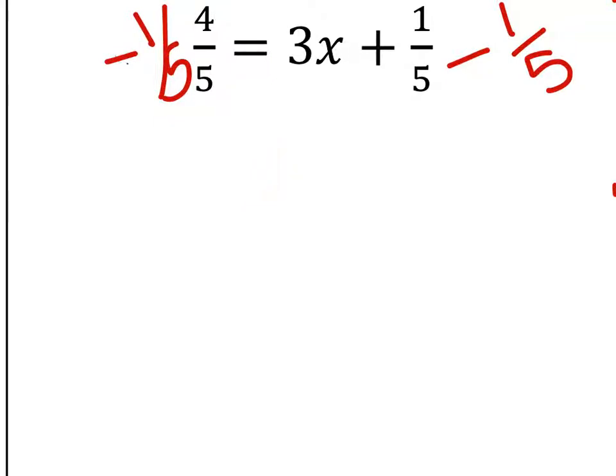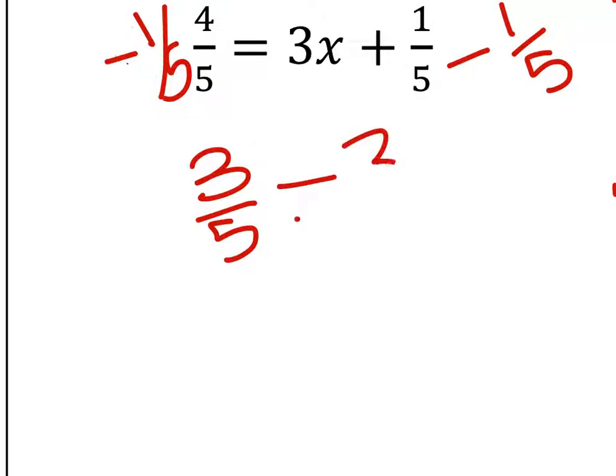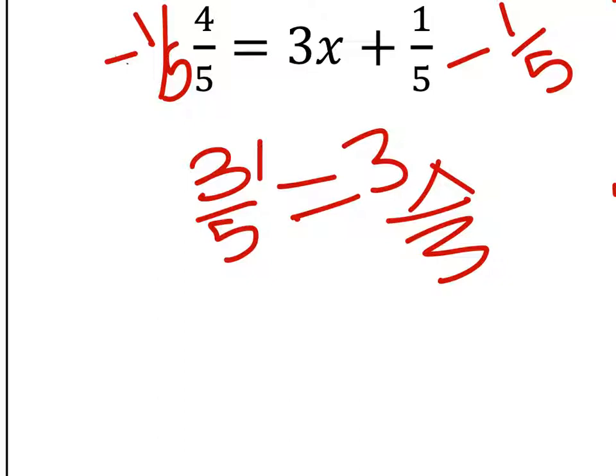Now we're back to that one. Okay. So it would actually be 3/5. It's a lot bigger now. Okay. And equals 3x. And then you divide by 3 and divide by 3 and I think you get 1/5 if I did that correctly.